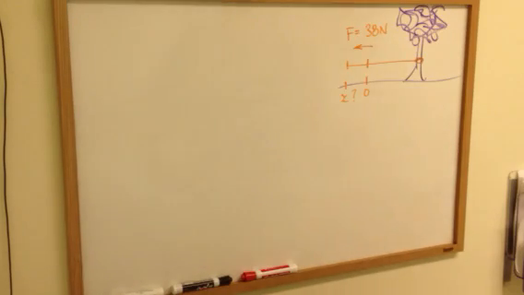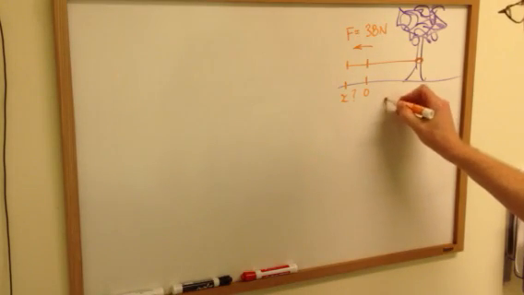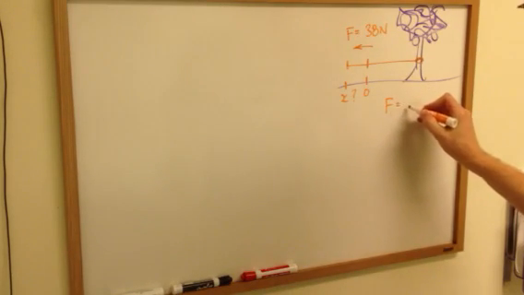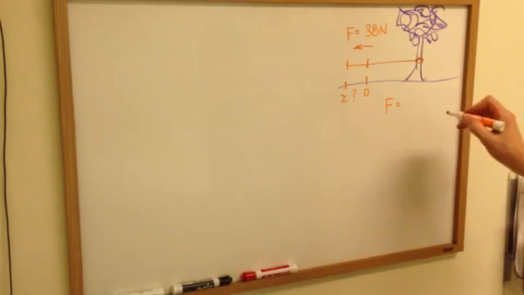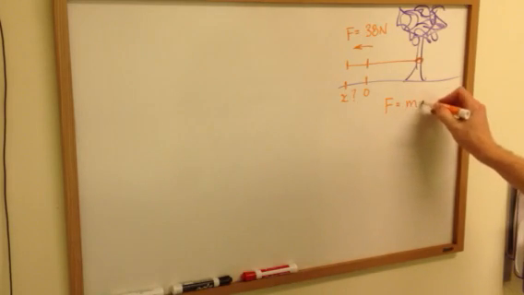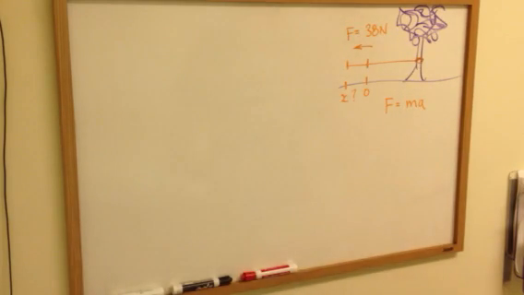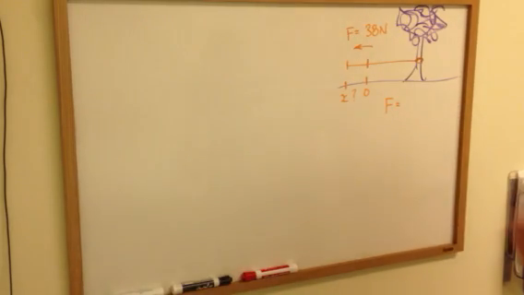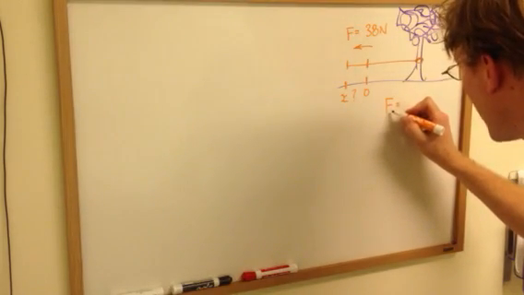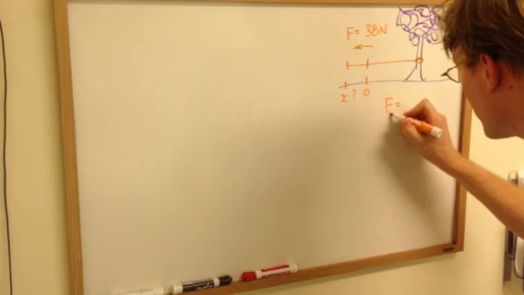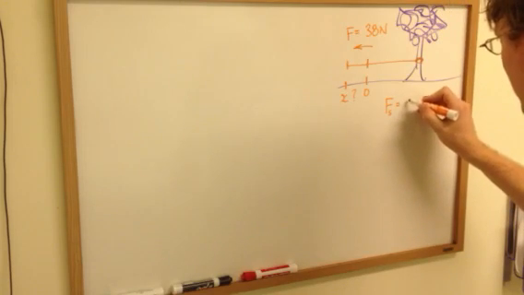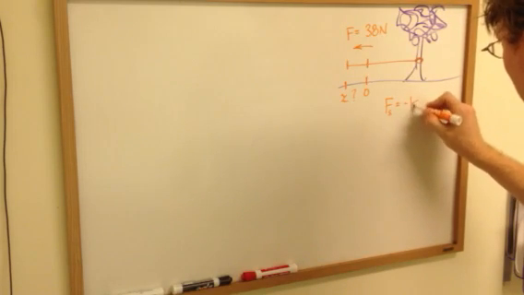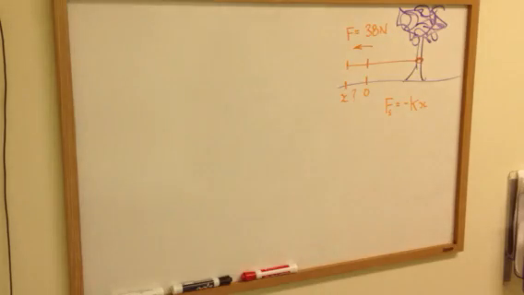Well, for all bungee cords, everything is F equals ma. Yeah, but there's no acceleration here. That's only if there's a net force. What am I saying? Force on a bungee cord or force on a spring is negative kx.